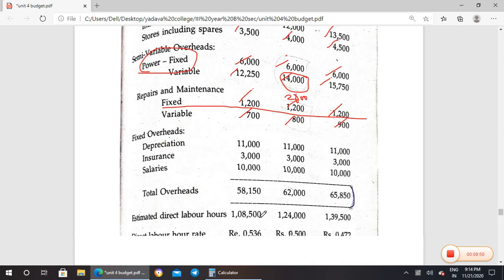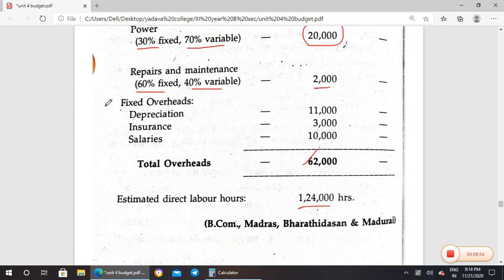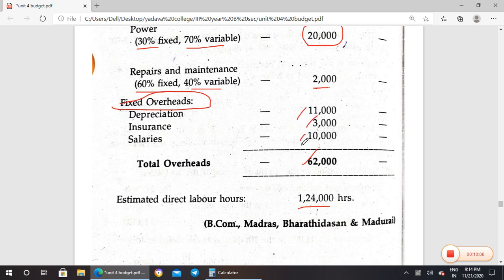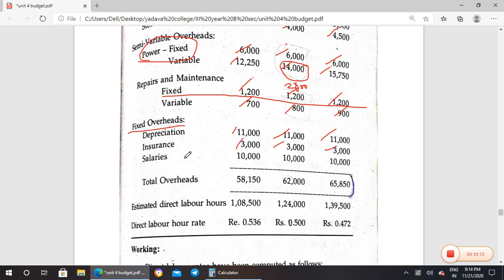So in fixed overheads, there are no changes because it is a fixed one. It cannot be changed. Whatever is in the 80 percentage will be followed for the others, whatever the percentage may be. For 70, 11,000, 11,000, 11,000, because it is a fixed overhead. So the insurance 3,000, 3,000 for all percentages.